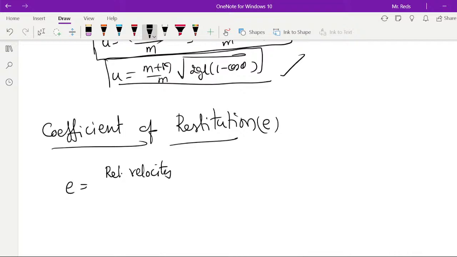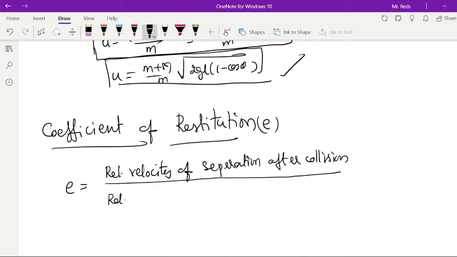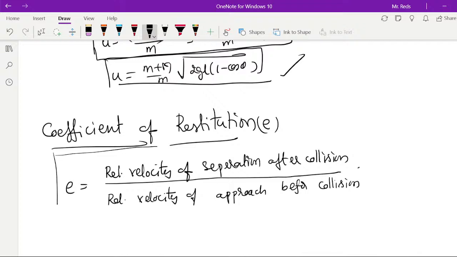Coefficient of restitution is equal to the relative velocity of separation after collision, divided by the relative velocity of approach before collision. You can put this in a box. It's a very important formula.